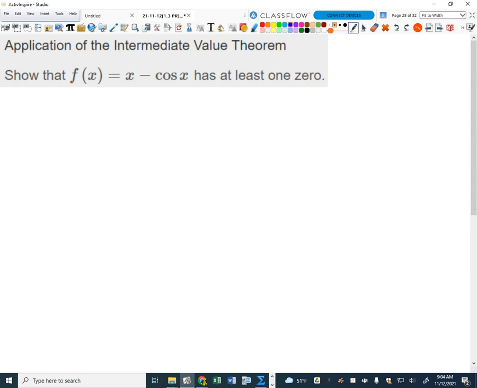How could we go about doing this? What are the two criteria that we have to meet for the intermediate value theorem to guarantee some value? What's the first one? Continuity. So on some interval that we're picking, it has to be continuous. So let's just look at that one right away. Is this function continuous?